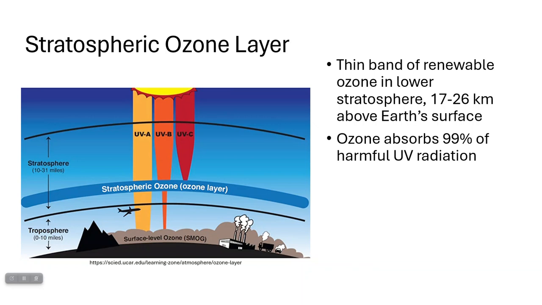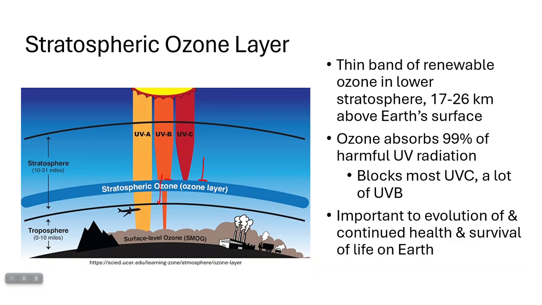What you should notice is that it is basically blocking most of the UVC. So notice here the UVC comes in and it gets stopped by the ozone layer. And it's blocking a lot of the UVB. So about this much of it gets through, and then this much of it gets blocked. So it's blocking about 99% of what's most harmful coming in.